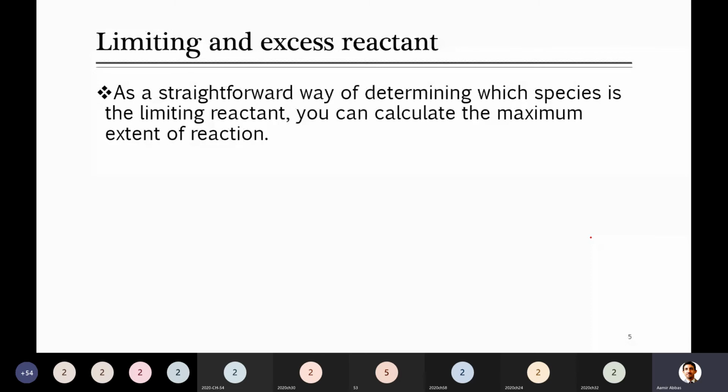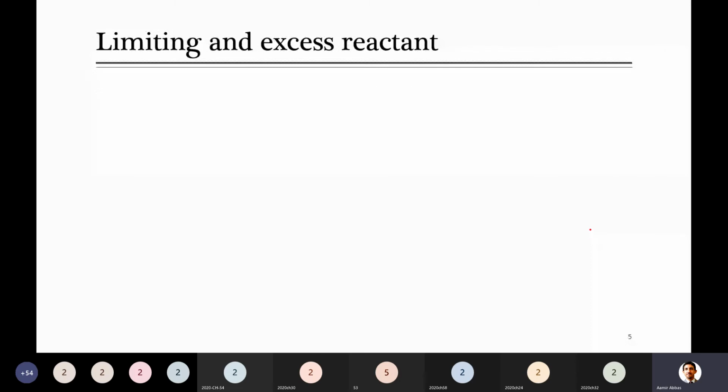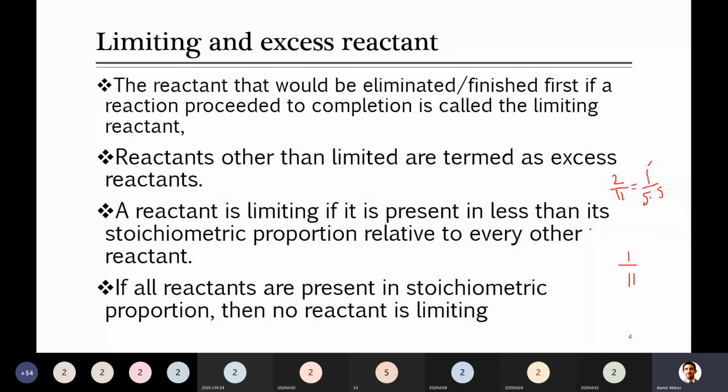Here we finished yesterday. Next, if you know the exact equation and the moles, and the equations are very straightforward, like the reactions you studied up to here, you can directly look at the stoichiometric coefficients, calculate their ratio, compare it with the stoichiometric ratio, and see which one is limiting.